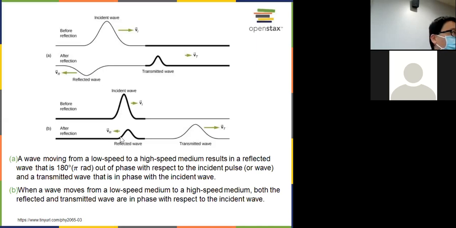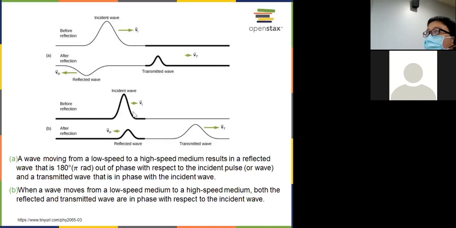So there's no phase change here from a thicker medium to a thinner medium. From a thinner medium to a thicker medium, the reflected wave has a phase change of 180 degrees, or pi.